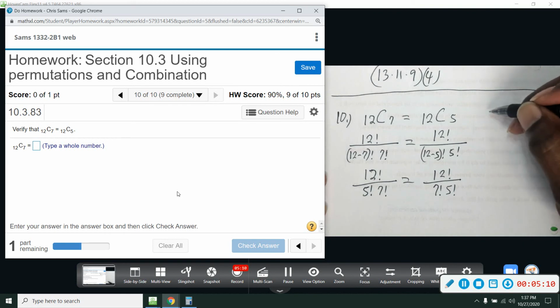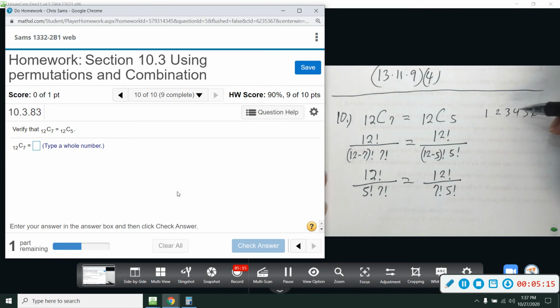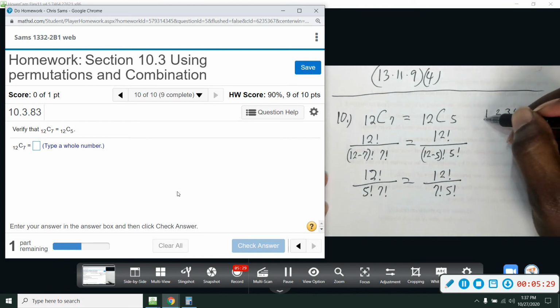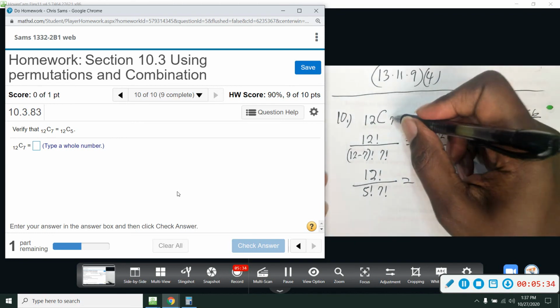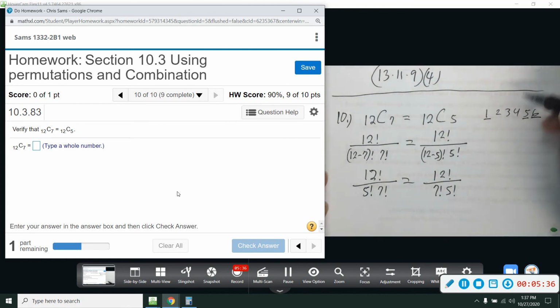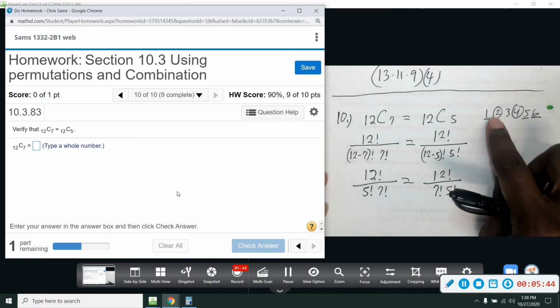Let me just say if I use some numbers, 1, 2, 3, 4, 5, 6, with 6 being my total. All the numbers that add up to 6 will be counterparts. So 5 and 1 will be opposite, so they will be equal, kind of like these, because these two numbers add to be 12. 5 and 7 add to be 12. And then 2 and 4, like if you had 6 choose 2 and 6 choose 4, both of those will be the same.